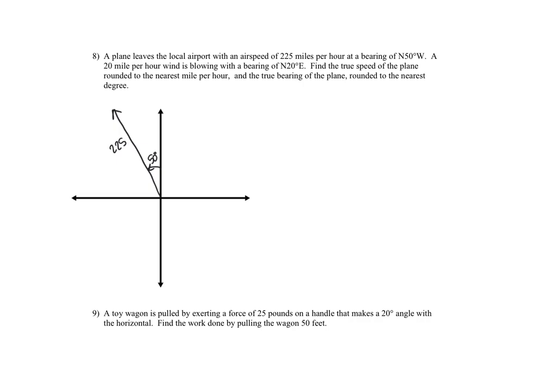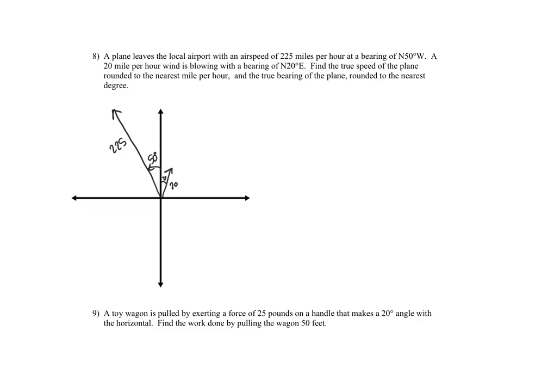And there's a 20 mile per hour wind blowing at a bearing east 20 degrees of north. 20 mile per hour wind, 20 degrees east. Find the true speed of the plane rounded to the nearest mile per hour and the true bearing.